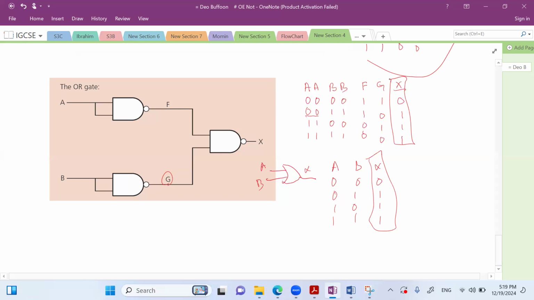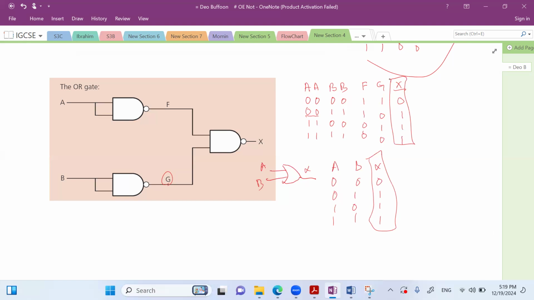This means that yes, I would like you to suppose for a while that the gates are physical components.